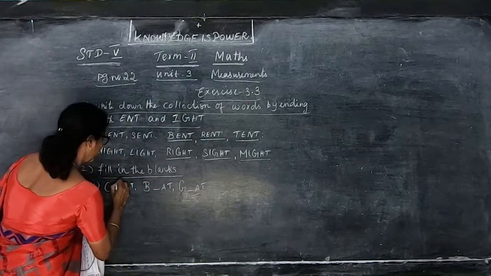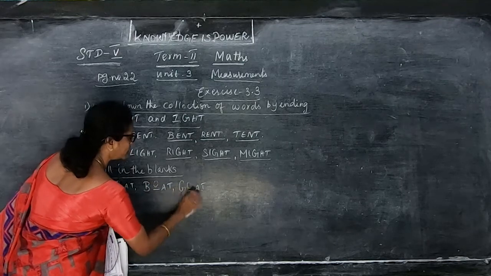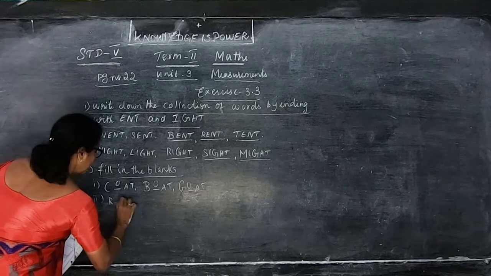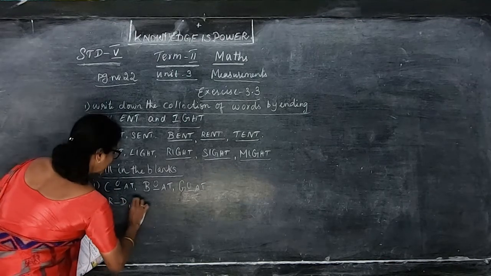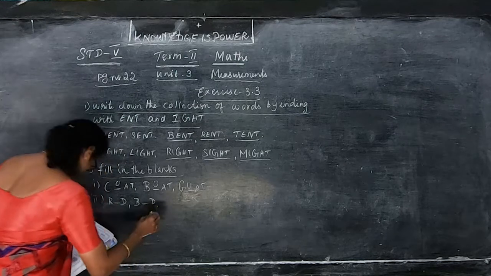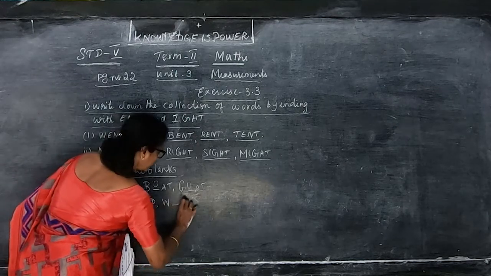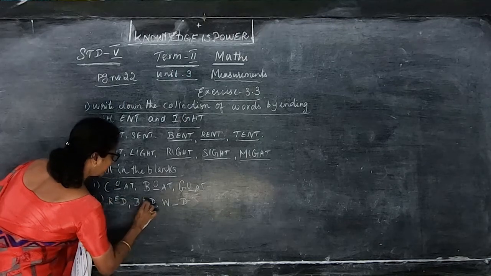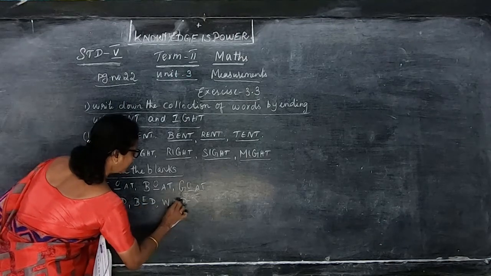So COAT, BOAT and GOAT. Then the second one R-D, B-D and W-D. R-E-D red, B-E-D bed and W-E-D wed.